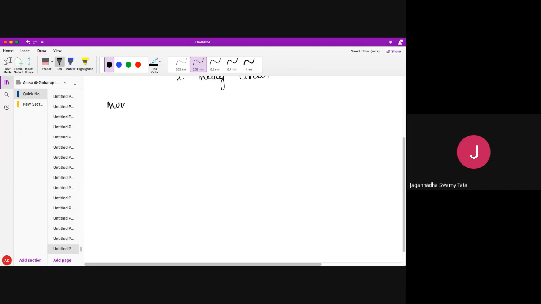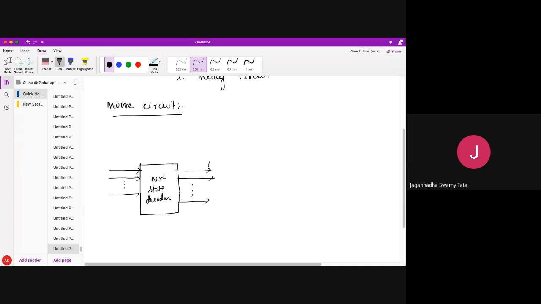So the Moore circuit, how does it look? Just see here, I'm doing the block diagram for you. So this is my next state decoder. Please understand. If you are not understanding, ask me. It has one memory element.